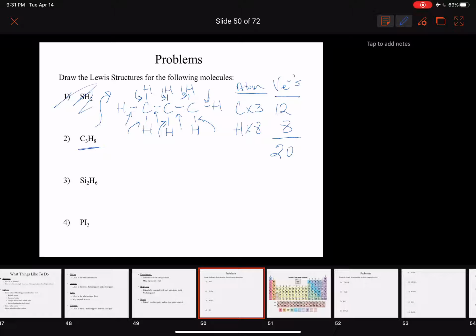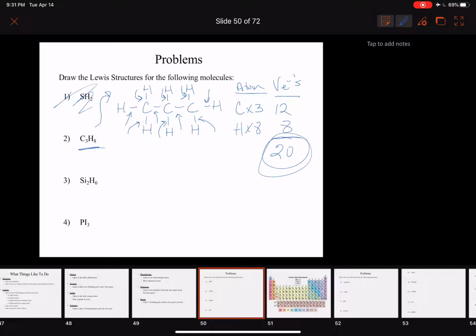And then the third rule that isn't as important as using up the exact number of valence electrons and the octet rule is that our atoms are doing what they like to do. So again, the first 2 rules, the octet rule and using the correct number of valence electrons, have to happen first. And then if the atoms can be in a position that they like to be in, that would be even better.